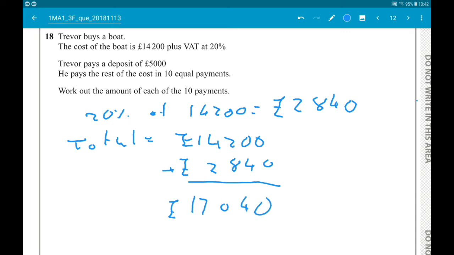Now a quick way to have done that would have just been to do 14,200 times 1.2.